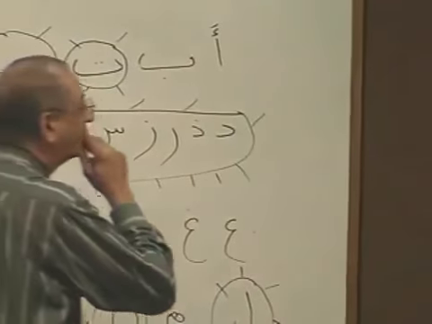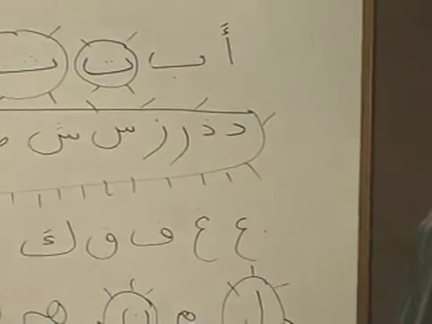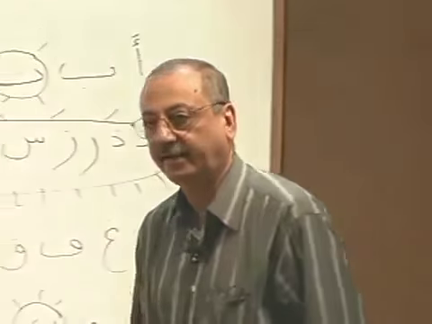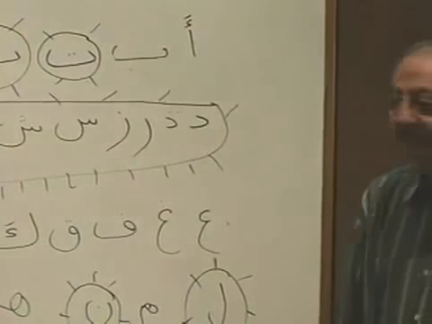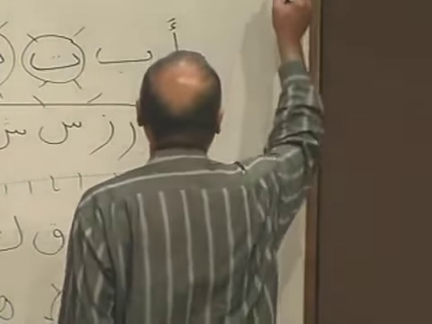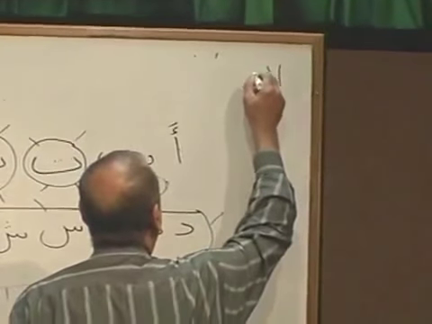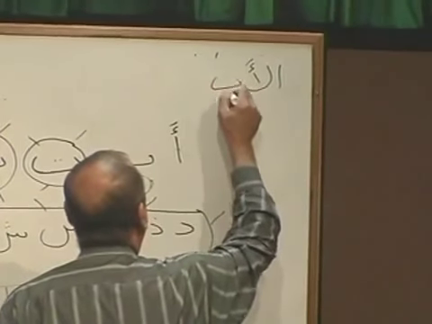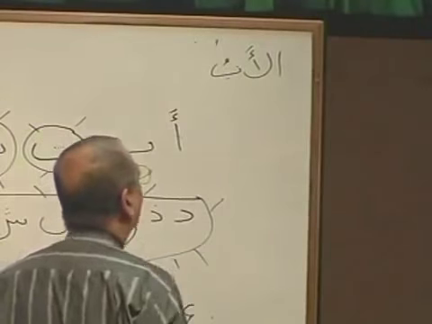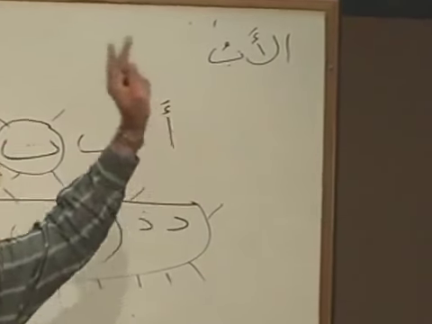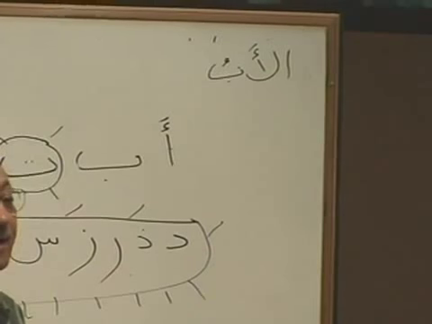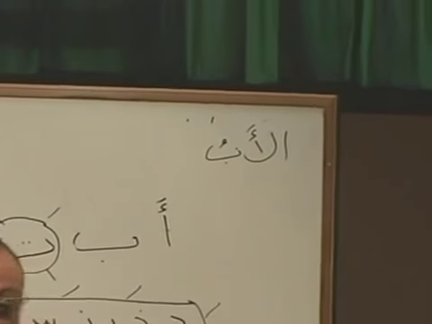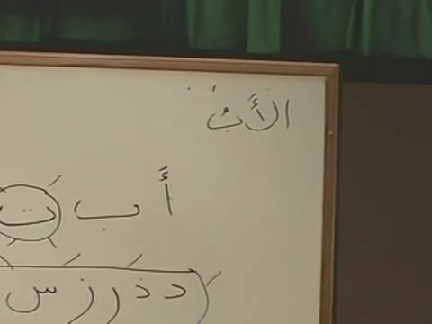Right? Now go to page number 19 in the textbook and see for yourself, brothers and sisters. What is the first, brother? Al-Abu. No, I did not put any sign there because that is Hamzatul Wasal.